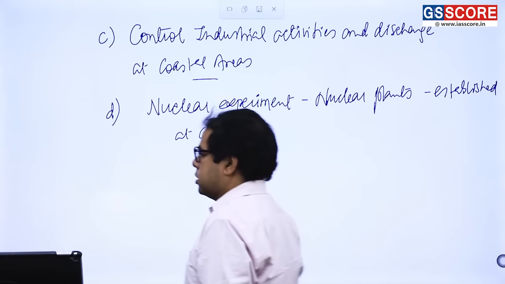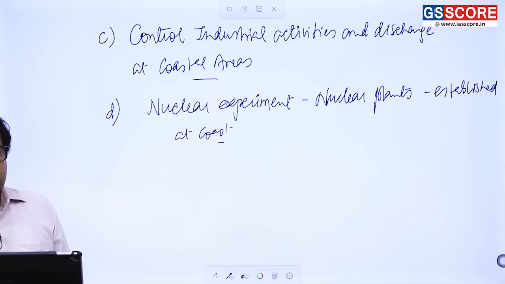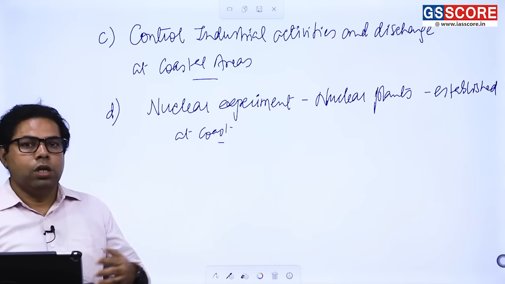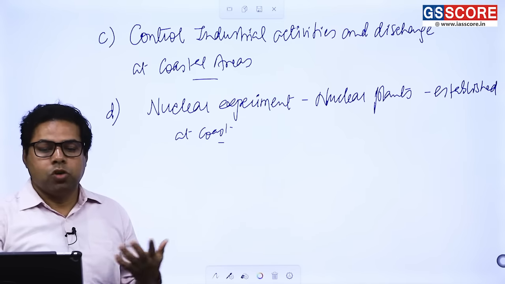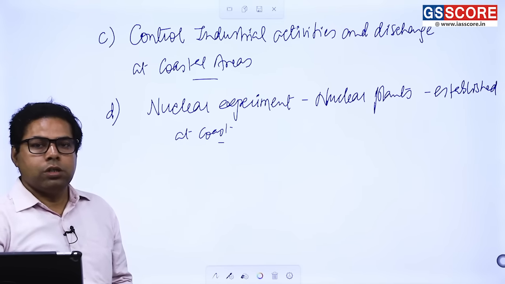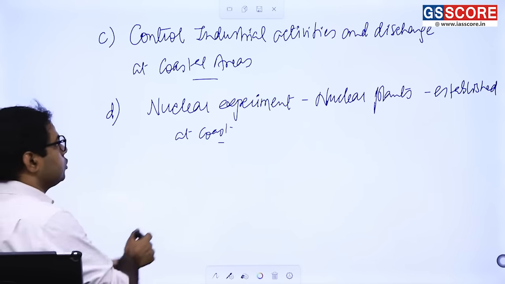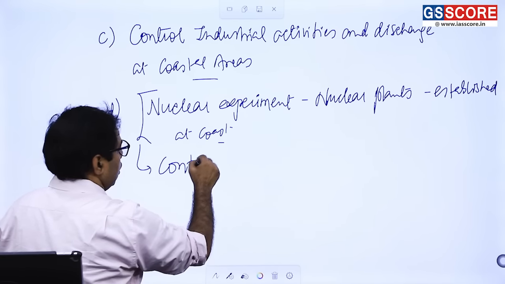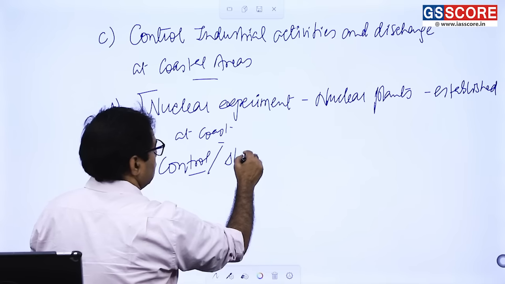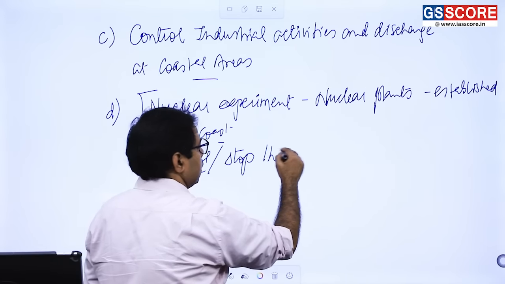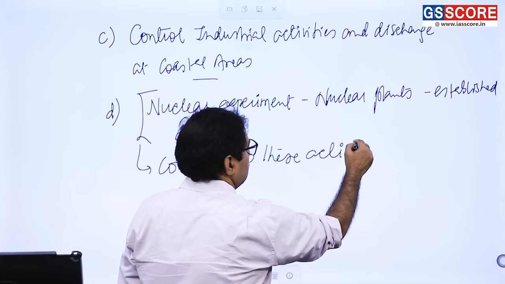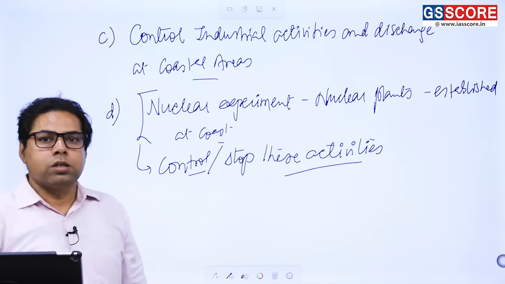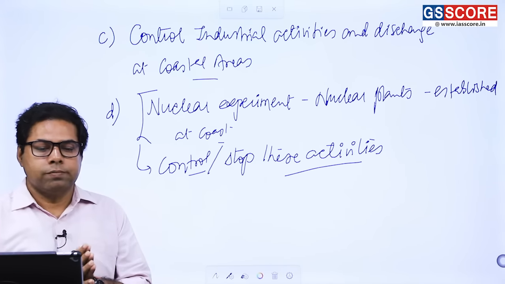So leaked reactors from there, or the radiation from the plants on the coast, have been mixed in the ocean water, which increases the capacity of the oceans to absorb heat. So if we control or stop these activities, then heating of the ocean water shall be controlled or reduced.